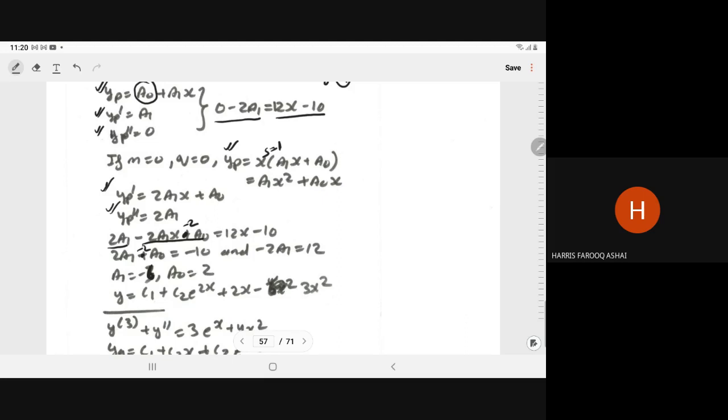On that side it is 12, so that will become minus 1. Sir, how did you get the value of s? Just increase it by 1 to avoid the duplicacy.